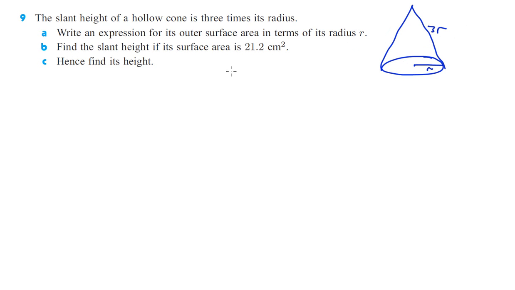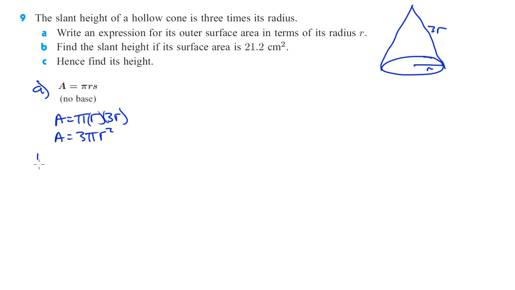Write an expression for its outer surface area in terms of its radius. So again, this is a hollow cone. So here's our surface area formula. So we got area equals pi, and our radius is r, and our s is 3r. Okay, so we multiply those all together. Area equals 3 times pi times the radius squared is our surface area.